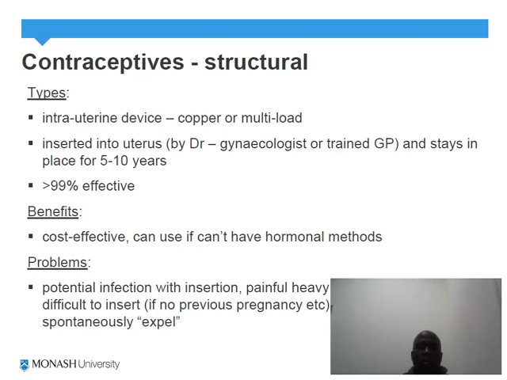Usually they are painful periods, and it may be difficult to insert as well, especially when there's no previous pregnancy, because the uterus is very tiny and small. And 5 in 10 may actually experience spontaneous expulsion, which means it may pop out.